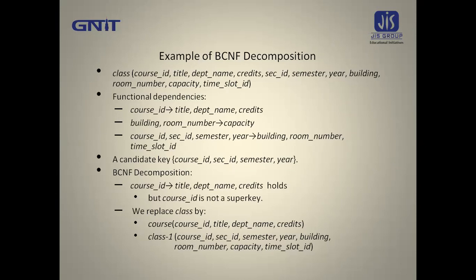Fine. So we are replacing our main relation by two new relations: course ID, title, department name, and credits, and course ID, section ID, semester, year, building, room number, capacity, and time slot ID.